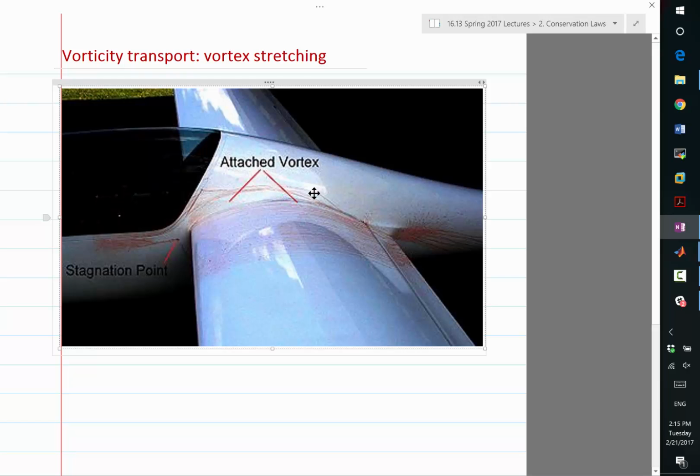So which direction does the flow rotate in that wing-fuselage junction? And how did you figure that out? It's the same analogy that we did with the airfoil. As it goes over the wing, it stretches further along.